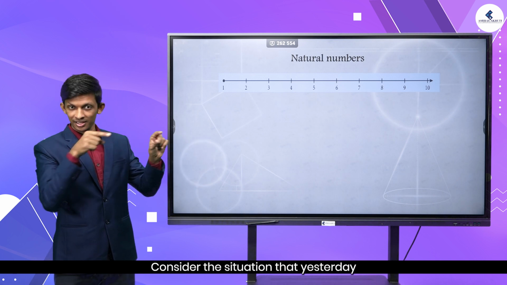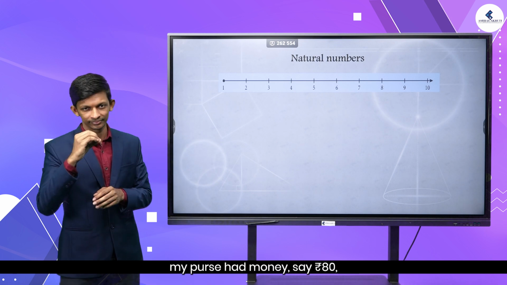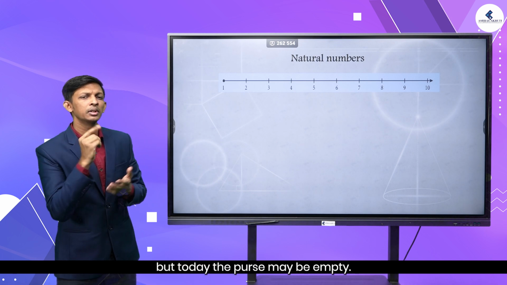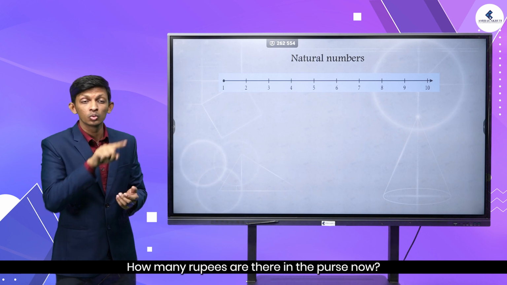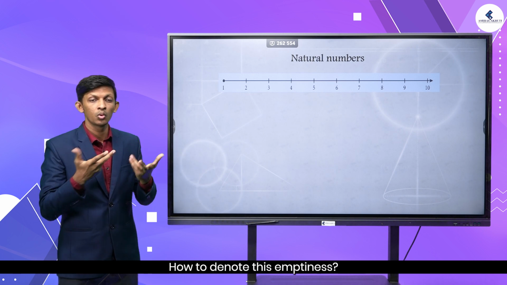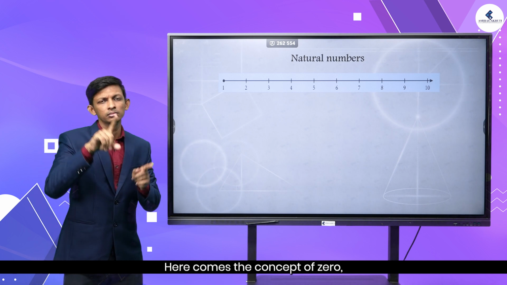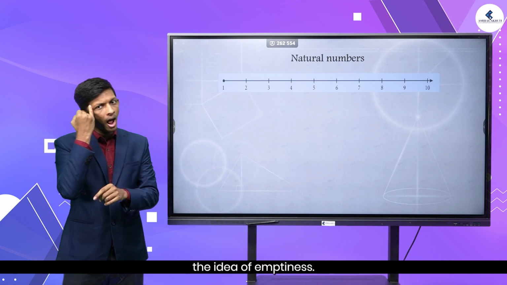Consider the situation that yesterday my purse had money, say rupees 80, but today the purse may be empty. How many rupees are there in the purse now? How to denote this emptiness? Here comes the concept of zero, which evolved to symbolize the idea of emptiness.